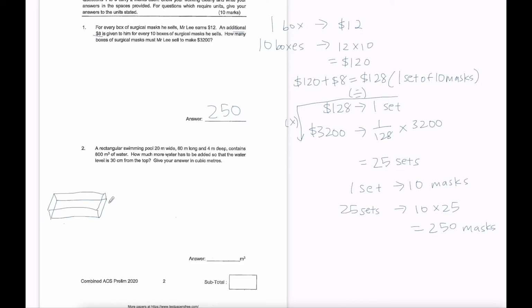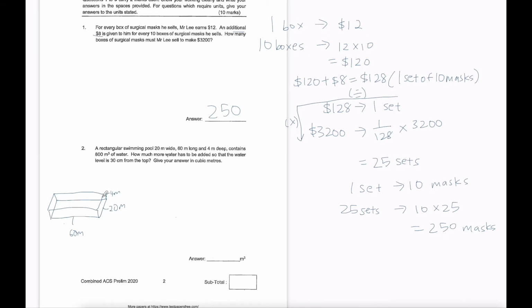So my height is 4 meters, and this is going to be 20 meters, and this is going to be 60 meters. It already has 800 meter cube of water. How much more water has to be added so that the water level is 30 cm from the top?